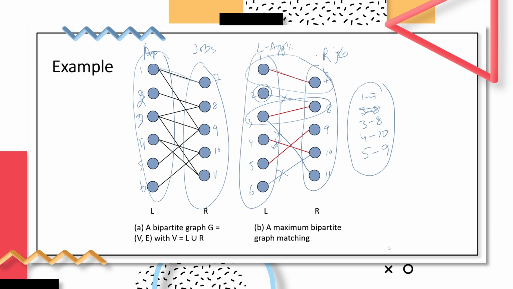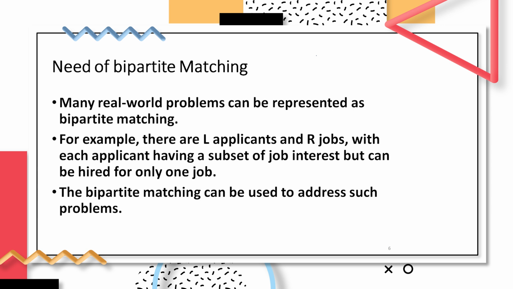So, not all are going to get a job in any case, but our objective is that they should get the maximal number of jobs. That is the application of bipartite matching, and it is a very useful algorithm in many graph based applications.